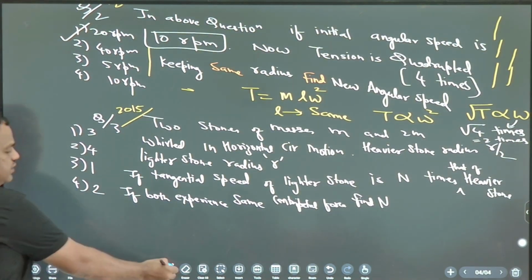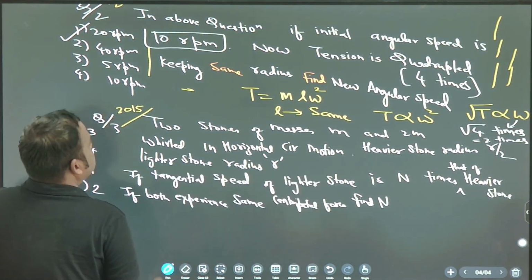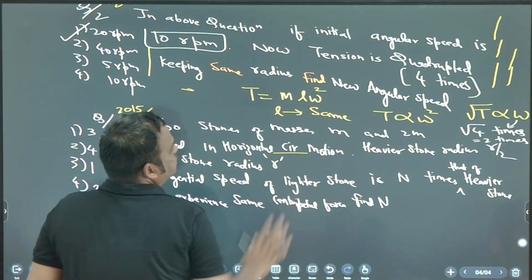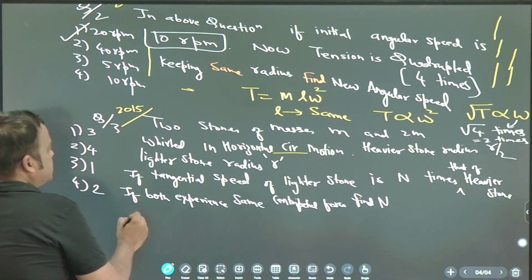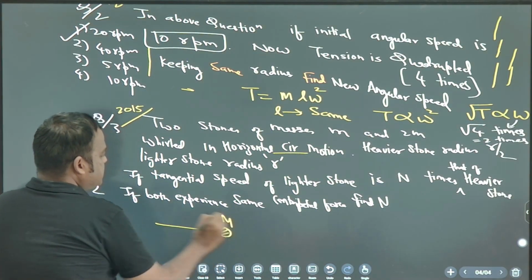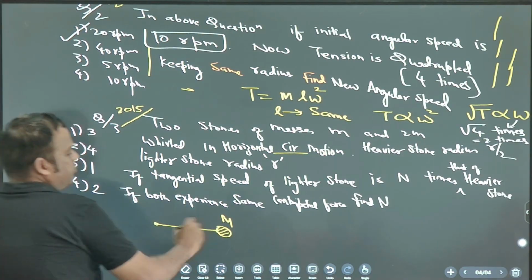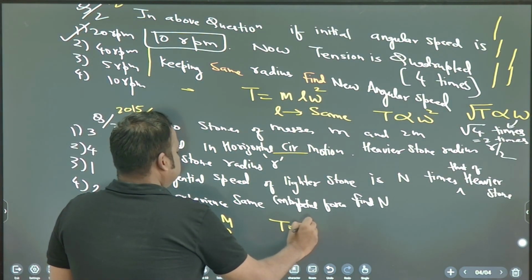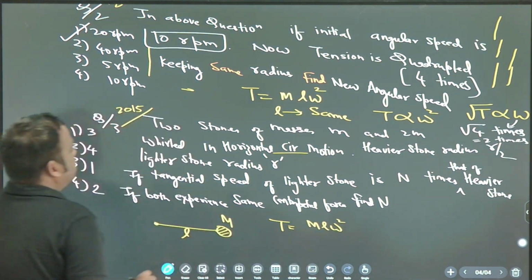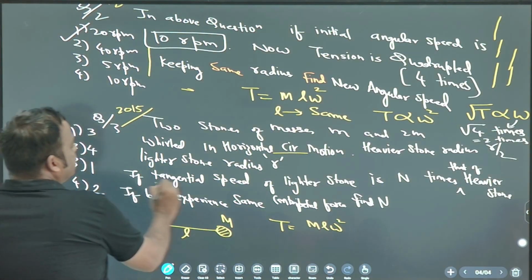Now question 3. Two stones of masses m and 2m whirled in horizontal circular motion. So what is the formula for tension force if mass is m, length is L? What is the formula for tension? Tell me. m L omega square. But they are talking about speed.